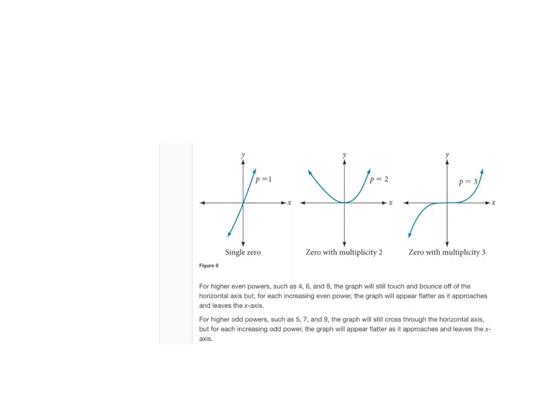If you have a single zero that occurs 1 time, it's going to cross through. That's your first example. If you have a zero with multiplicity of 2, it's going to hit and kiss off.